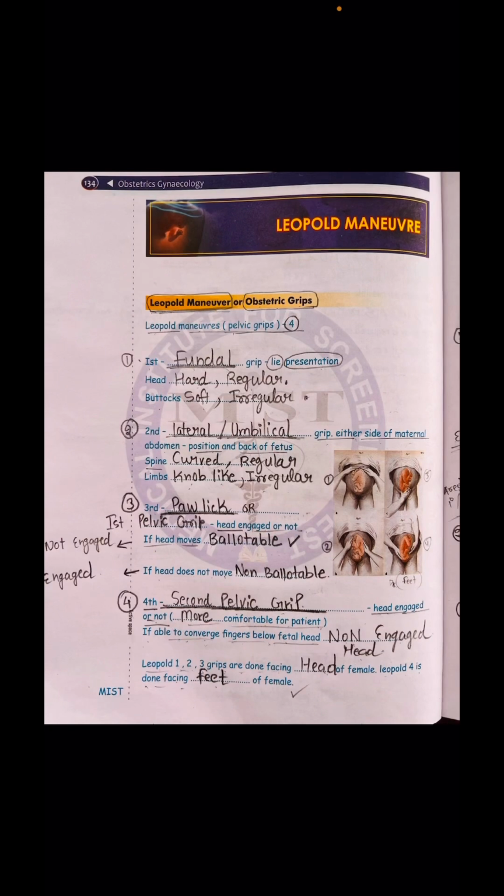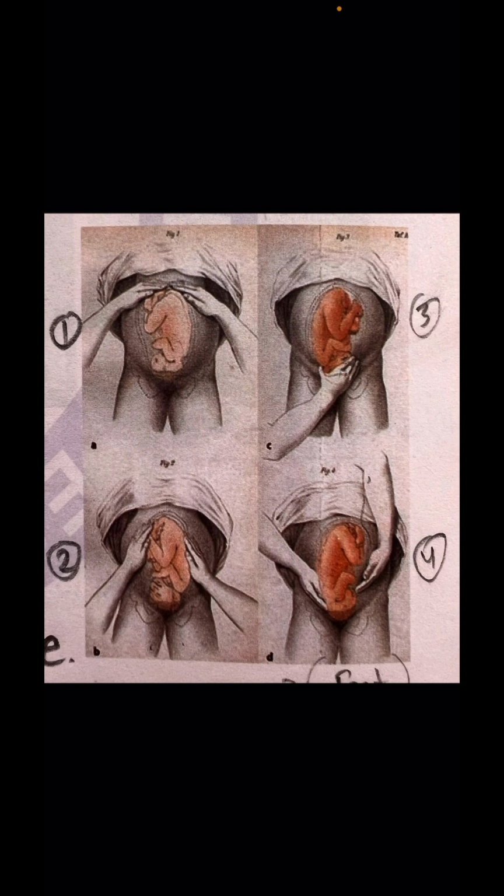The third one we named Pawlik or first pelvic grip. The fourth one is named the second pelvic grip because it's something like the Pro Max version of it. The fourth one tells us about the third one as well. It also tells us whether the head is engaged for the delivery in the vaginal passage. We put our hands near the vaginal portion and try to converge our fingers.